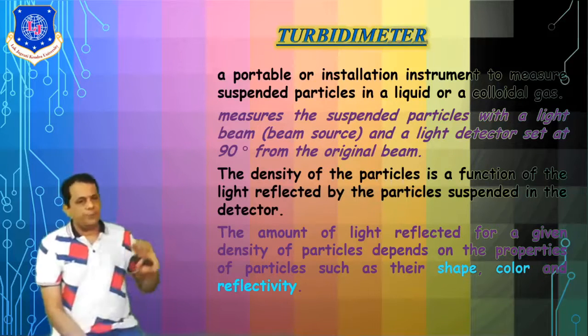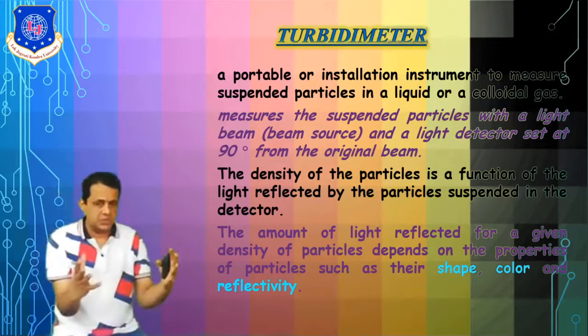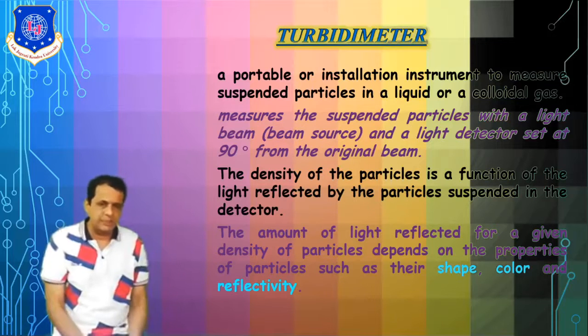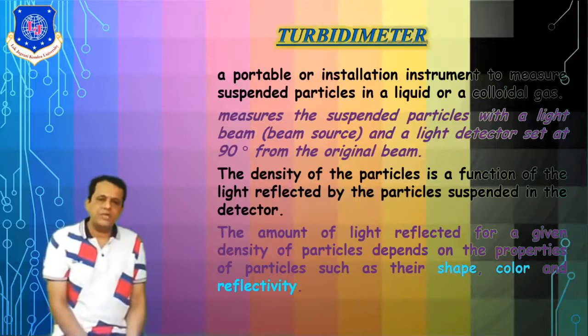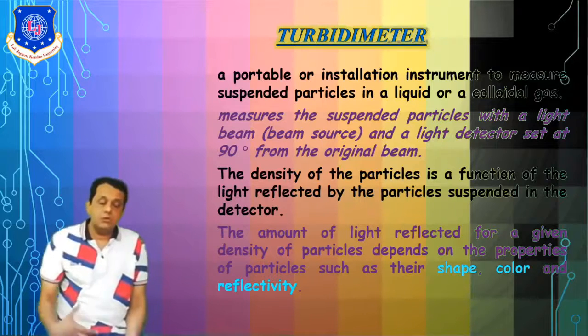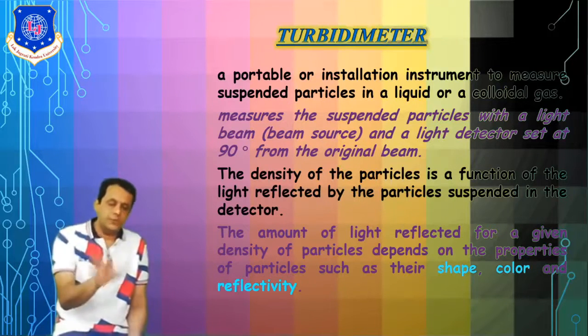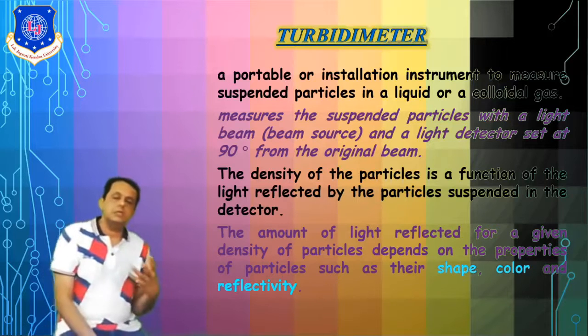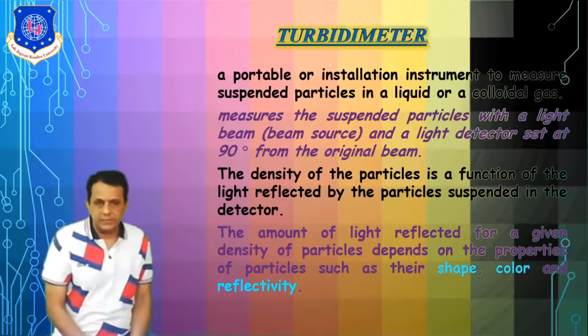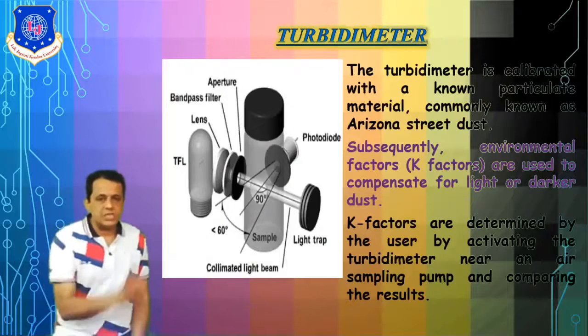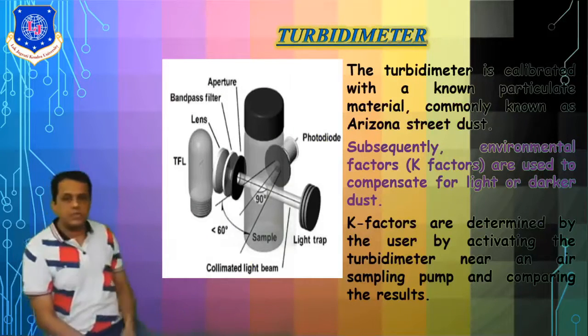Then the density of particles will be a function of the light reflected by the particles in the liquid under testing. How much light is reflected depends upon the characteristics of the particles, such as shape, color, or reflectivity. Here you see the diagram I am showing.